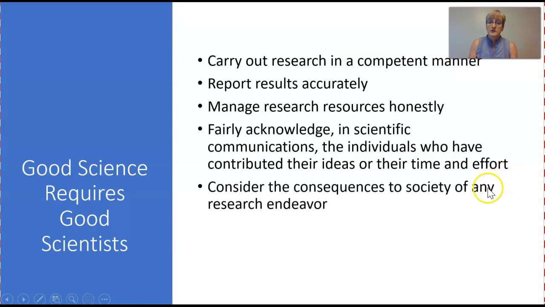In a more straightforward sense, good science requires that you think through the consequences to the broader world around you of the research that you're conducting. Are there going to be positive impacts? Could there be negative impacts of what you are studying, how you're studying it, and what you might find out to be true? And it's not saying that there's no inherent value to asking and answering questions that you're just curious about.